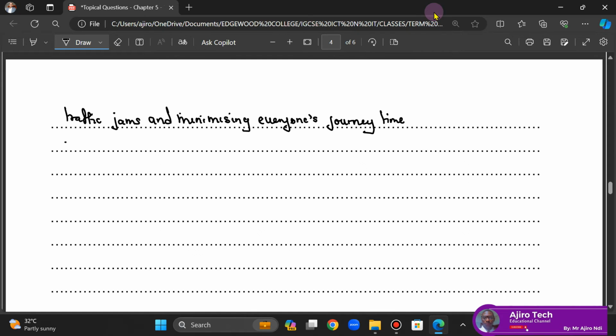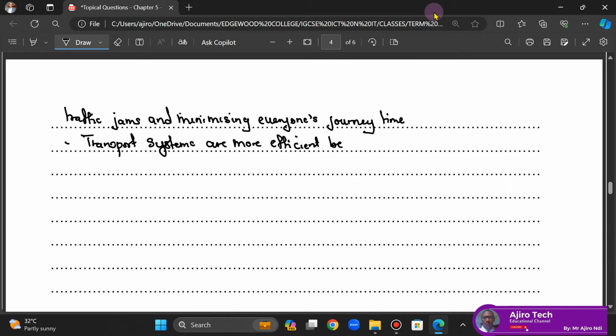The next point is that transport systems are more efficient. And why is this?